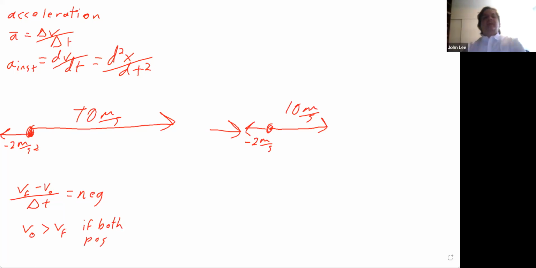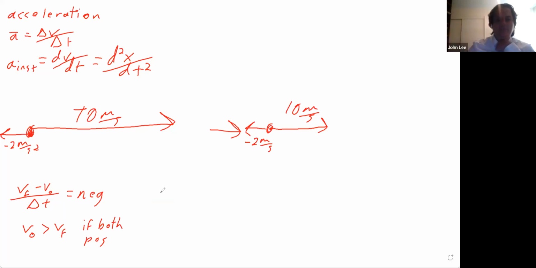And the same thing, if a negative number is your final or initial velocity, then that means it's going to be getting faster because you're accelerating in the negative direction. So you're getting faster in the negative direction.